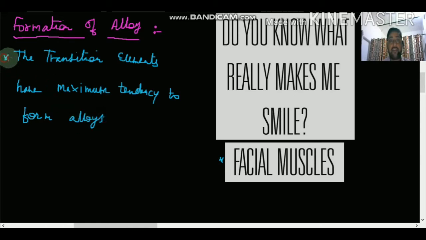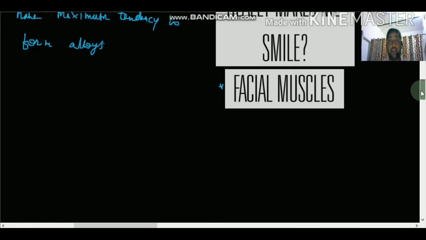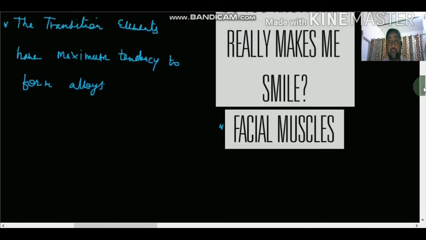Apart from the elements in the s block and the p block, only the transition elements have that maximum number of alloys. So let's find out why it is so.